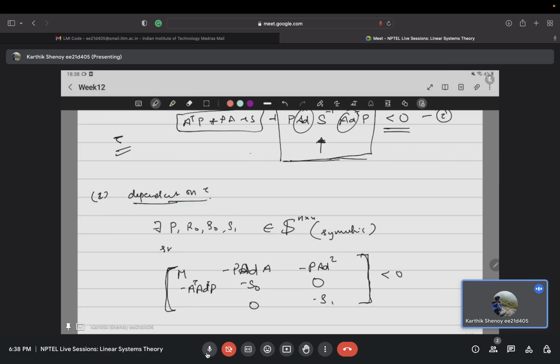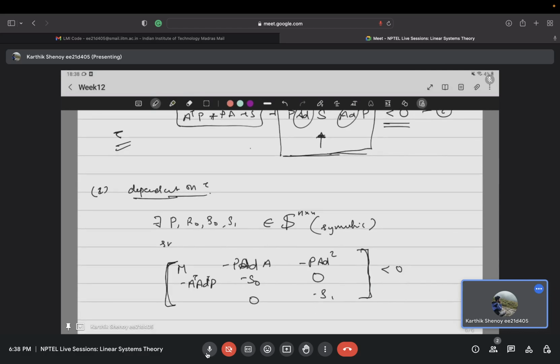For non-symmetric matrices you can also write definiteness, but that will only give a bound on the real part of the eigenvalues. So that is minus A transpose times P times A squared transpose.